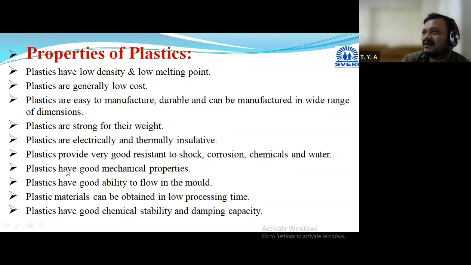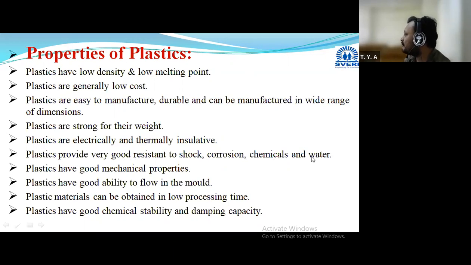Then plastic materials provide very good resistance to shock, corrosion, chemicals or water. Plastics act as an insulator.